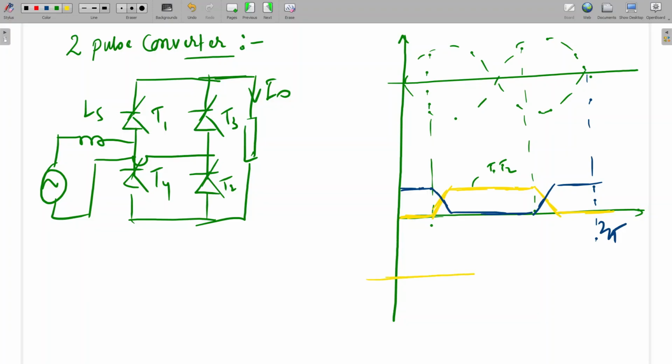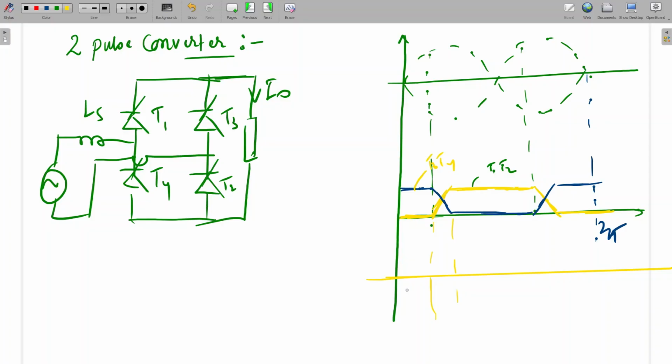Source current is IT1 minus IT4, where T3 and T4 are conducting. So what will happen here? I am going to draw the actual source current waveform.